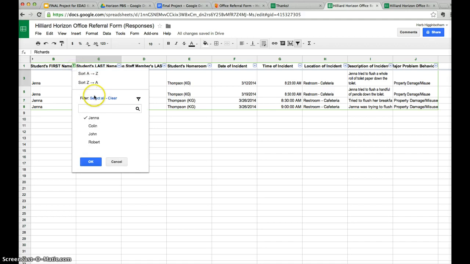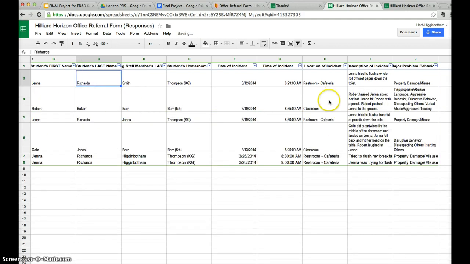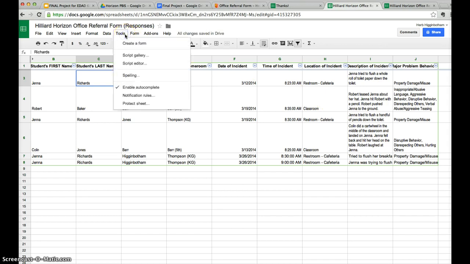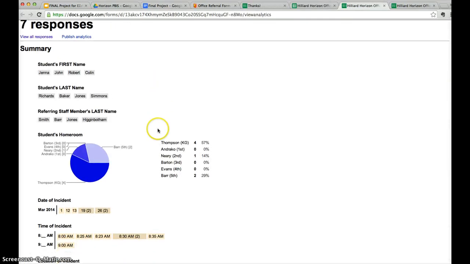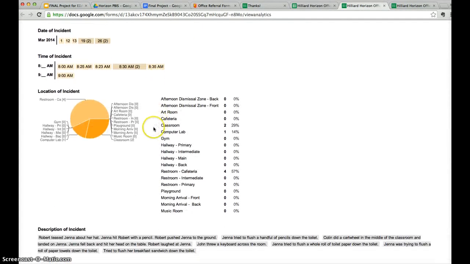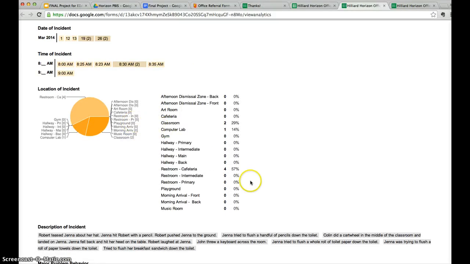Now I'm going to back up here, and I want to show you how we can take all this data. This might be hard to go through, but I really like this feature in Google Sheets. You can go to what's called a summary of responses, and it shows you all of the data in graphic form. It really shows the location of the incidents.